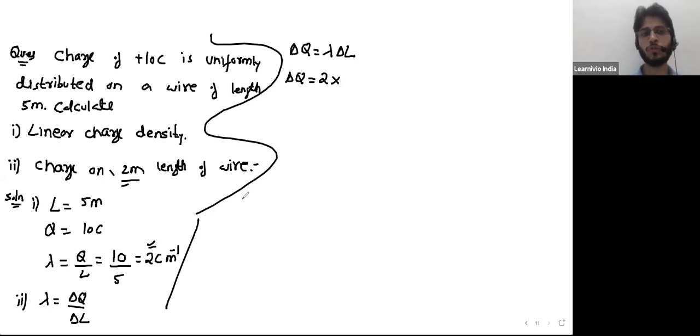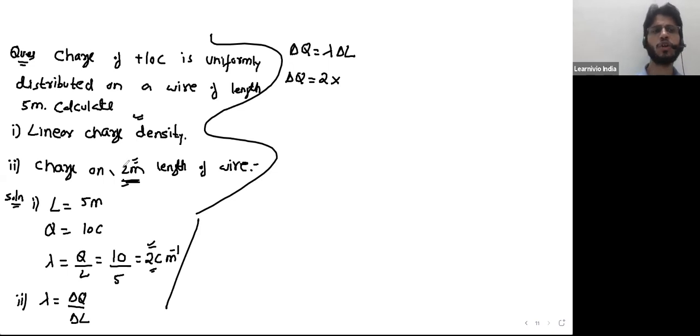Then how much is charge on 2 meter length? You just simply multiply it by 2. It's the unitary method. Charge on 1 meter is the linear charge density, that's 2 coulomb per meter. Then charge on 2 meter length should be 2 into 2, which is 4. Is it clear, everyone? I'm just using the unitary method, nothing else.